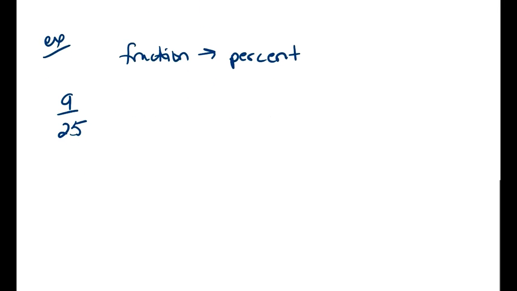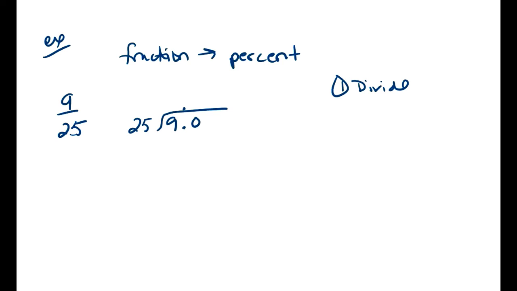And in order to do that, we need to divide. So my first step is to divide. So I'm going to do 25. Remember, it's always bottom into top. And most of the time, that top number is going to be smaller because we should be getting a decimal. So go ahead, hopefully you remember how to divide your decimals.